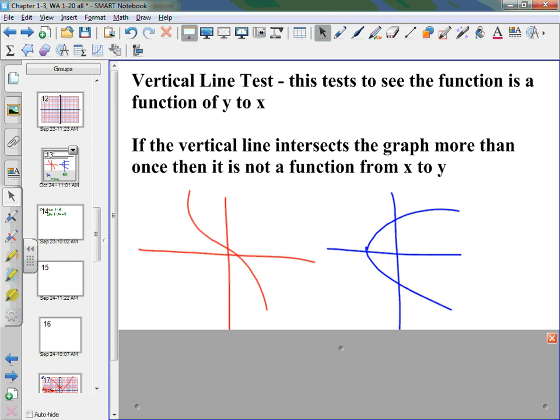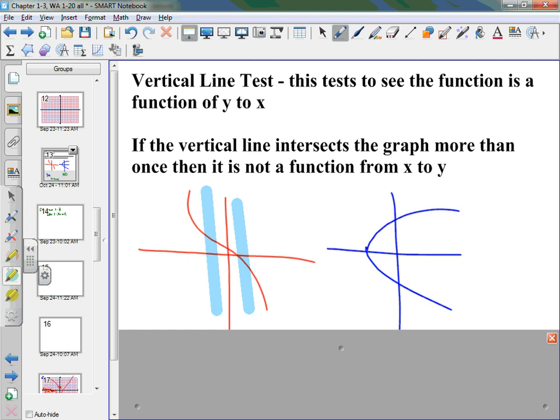For example, I give you my spaghetti function up here. What does spaghetti function look like? X cubed, right? X cubed looks like spaghetti. If I draw a vertical line there, how many times did it cross it? Is it a function so far? How about now?